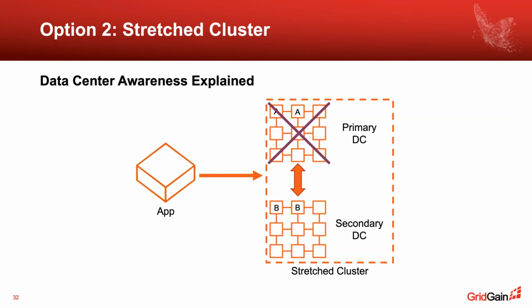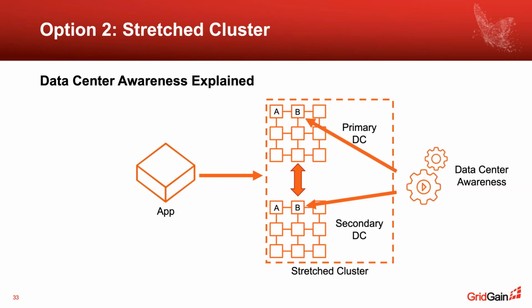Obviously, if we lose the primary data center, then we don't have any copies of A anymore. So in that case, we have data loss and we can't serve our clients anymore that need the A entry.